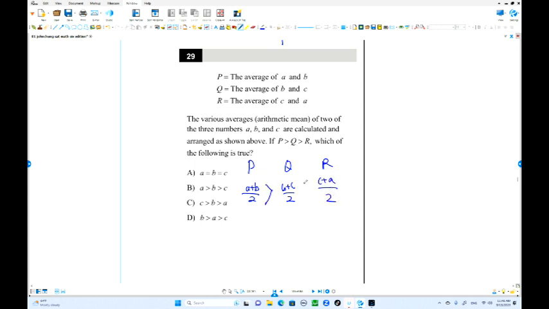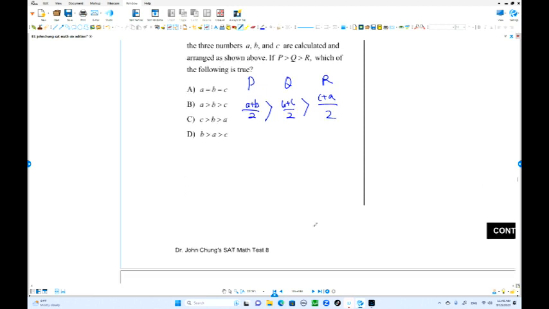P is greater than Q, and Q is greater than R. Now let's solve this. First, the 2 is cancelled out. We get a plus b is greater than b plus c, so b is cancelled out. Actually, a is greater than c. Now take the second and third. Also the 2 is out, and c is out. So b is greater than a?